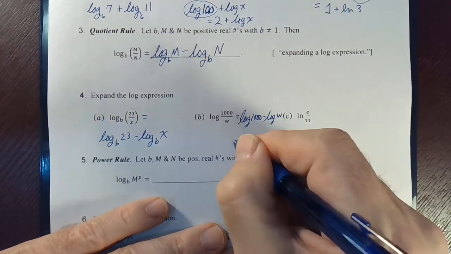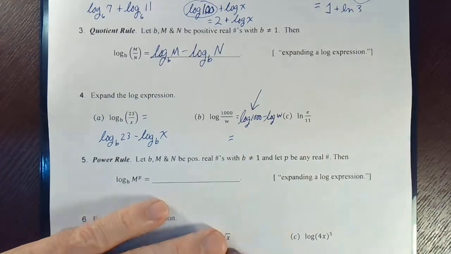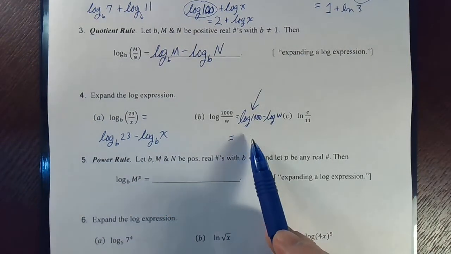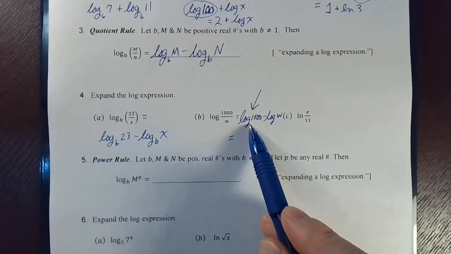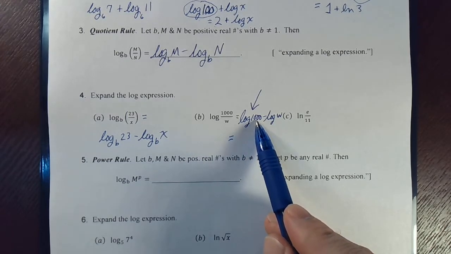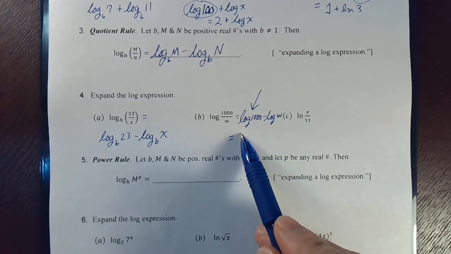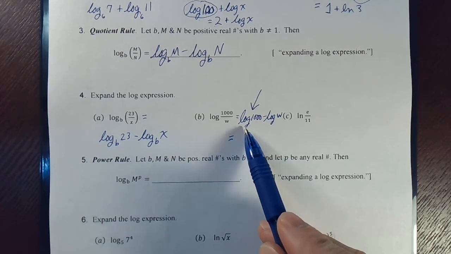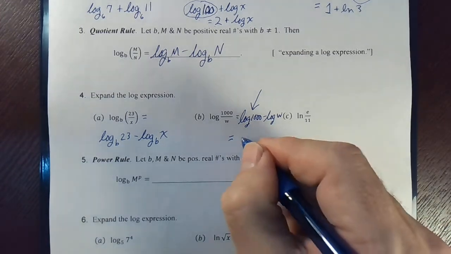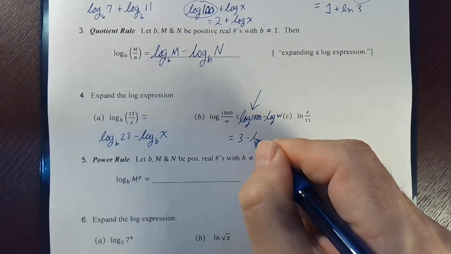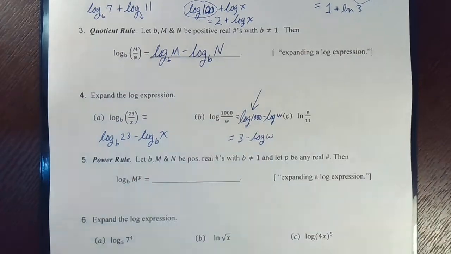But we know that portion. What is the log of 1,000? It's base 10, so what exponent do we raise 10 to get this number, 1,000? 3. 10 squared is 100, 10 cubed is 1,000. So 3 minus log of w.